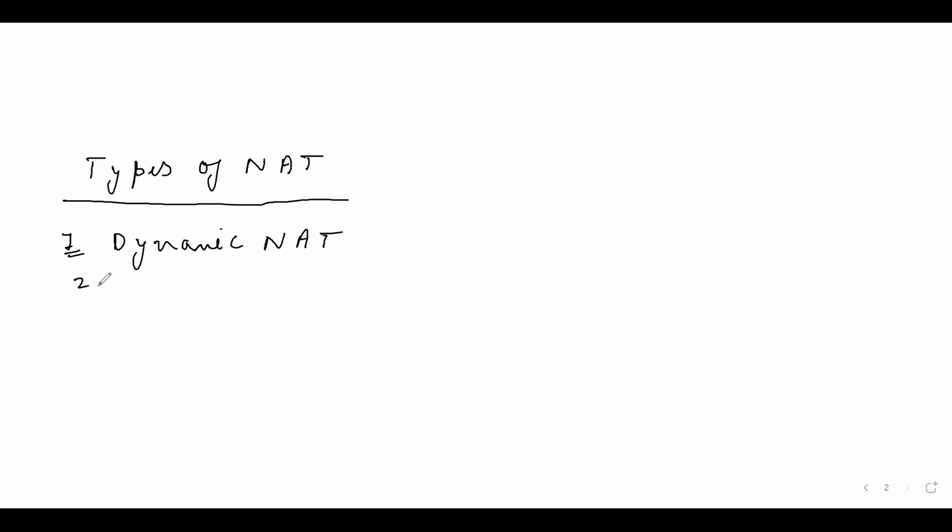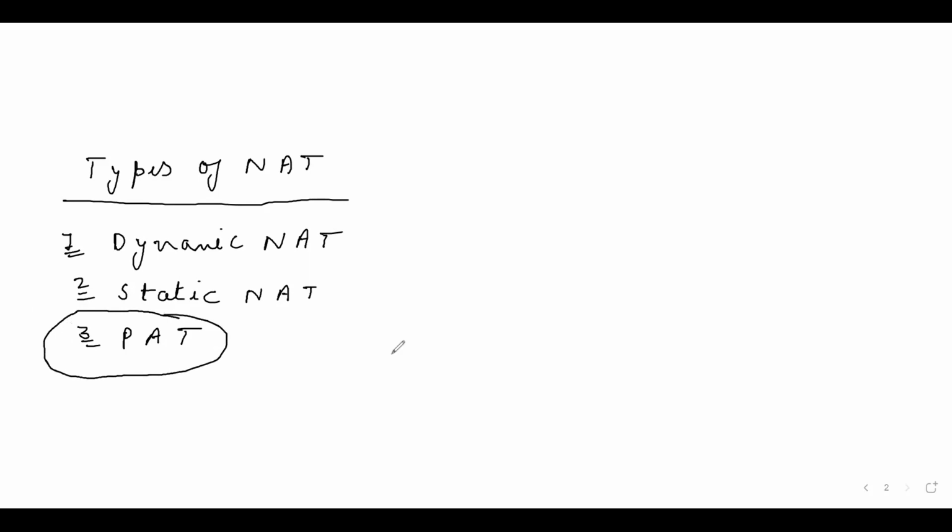Second, we have static NAT. This is the types of NAT. Third, we have PAT. PAT you will see a lot.